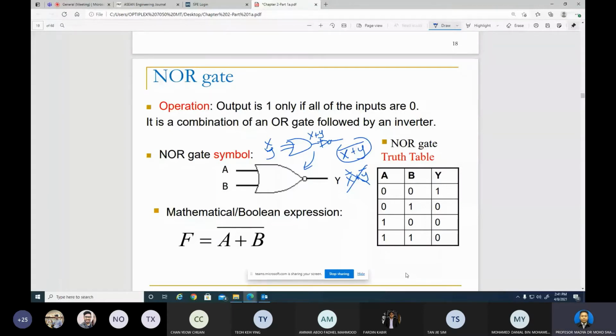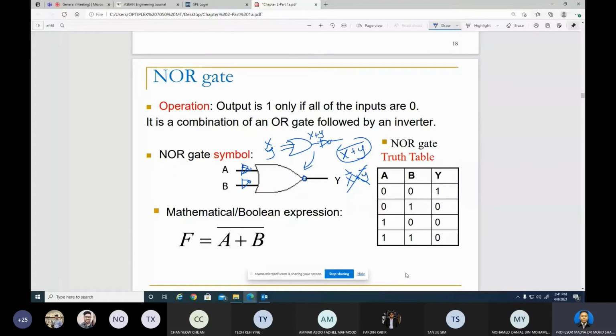If you do it like this, the inverter will be in front: first you invert the X and Y, then you can plus. So you can see it's different on the NOR gate. Make sure you put the correct bubble for the NOR gate and NAND gate. The bubble is in front here.